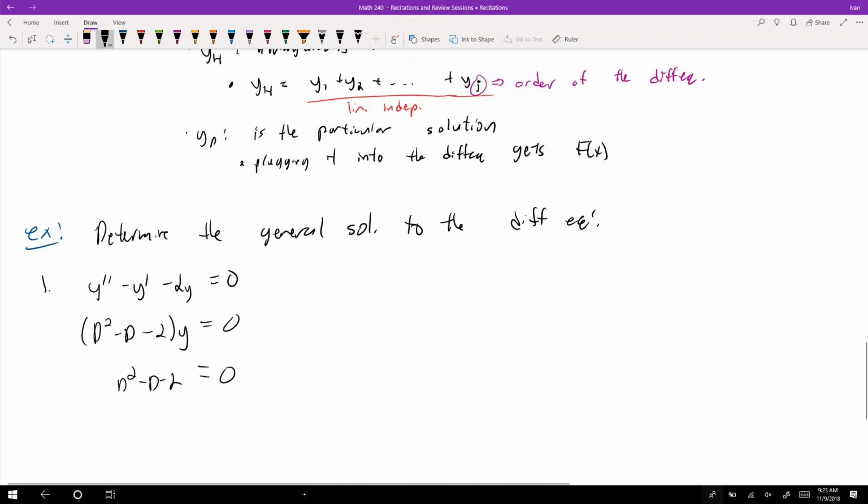Okay, and here I'm just going to sidestep a little bit. You don't have to write this down, but I'm just going to point out, and it's recorded, that the book is going to transform this into r squared minus r minus 2 is equal to 0, and they're going to call this a polynomial in r. There's really no need to do this.